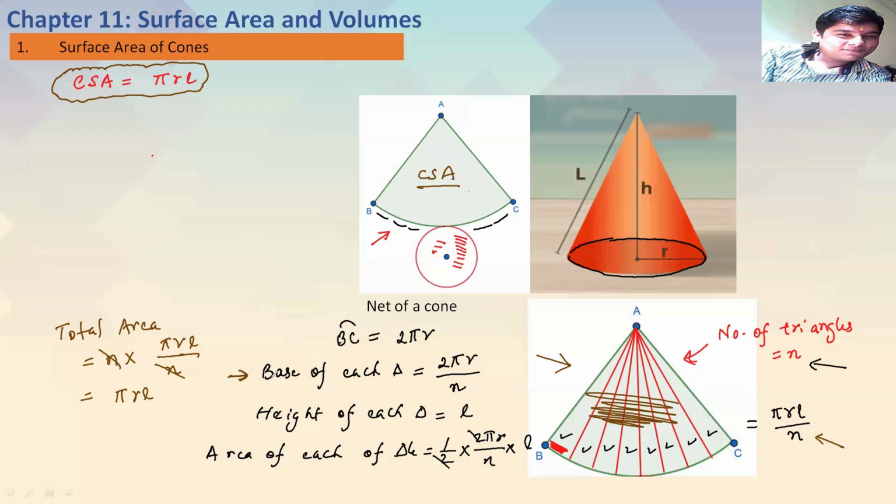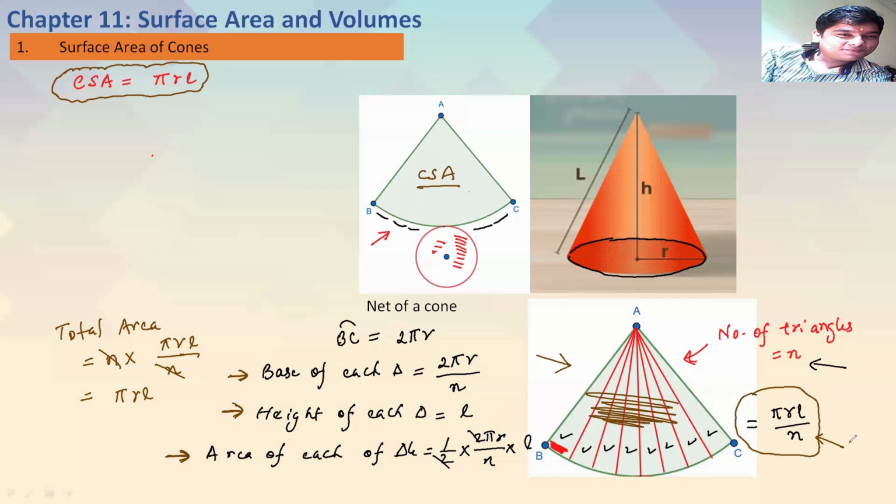The number of triangles was n, so the base is 2 pi R by n. The height of each triangle was the slant height, L. Area of each triangle was half into base into height, half into 2 pi R by n into L. The 2 and 2 get cancelled, so we get pi R L by n. To find the total area, we multiply pi R L by n, and n gets cancelled, so we got pi R L. Very good, fantastic.